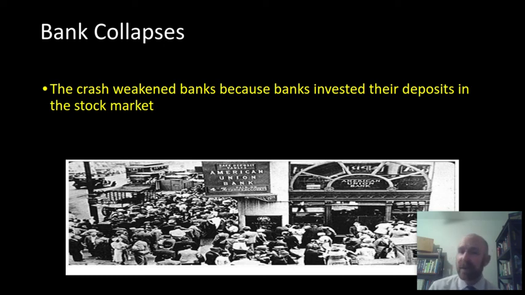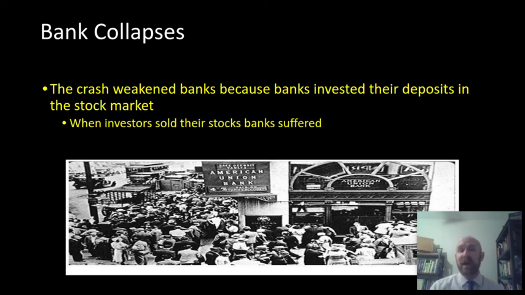They thought if they bought stock, the stock prices will continue to rise forever. And so they overinvested in the stock market. And once those stocks plummeted on October 29th, 1929, what you see is these banks just start to run out of money.